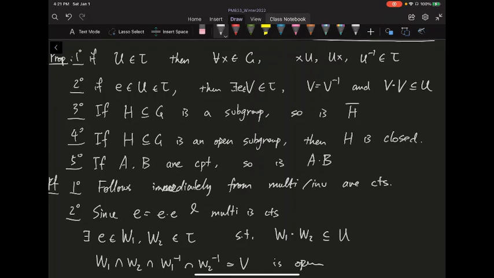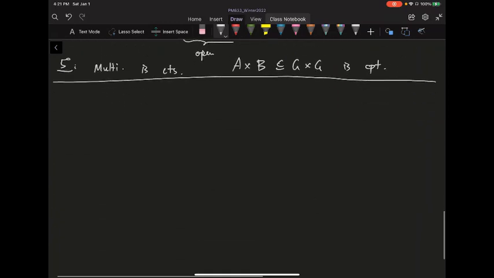All right, let me briefly talk about one quick corollary of this proposition. I have some maps that we are going to use a lot. I have the translation maps. Let's say L sub X is the left translation, a map from G to G which maps Y to XY.